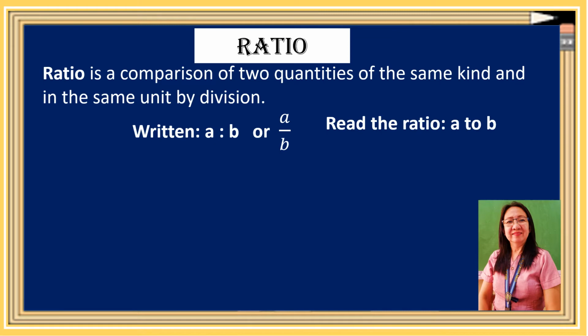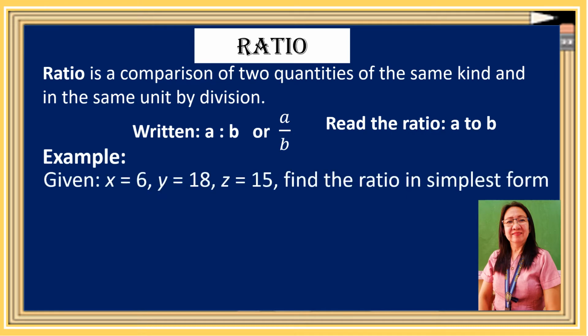Now let us look at this example. The given are x equals 6, y equals 18, and z equals 15. Find the ratio in simplest form. The first task is x to y.